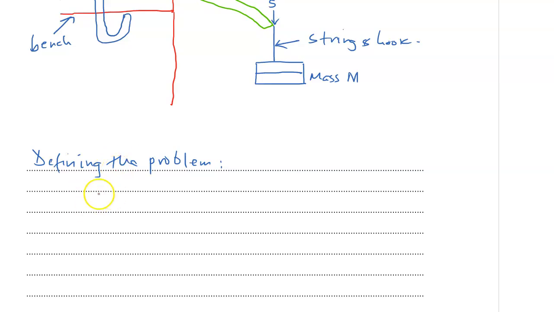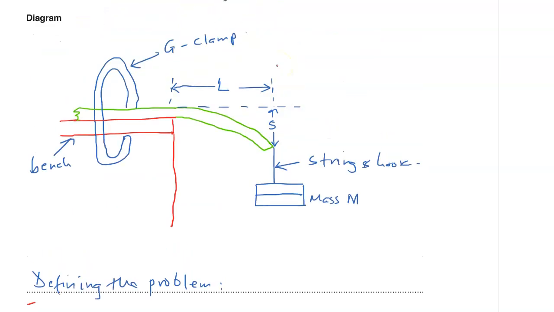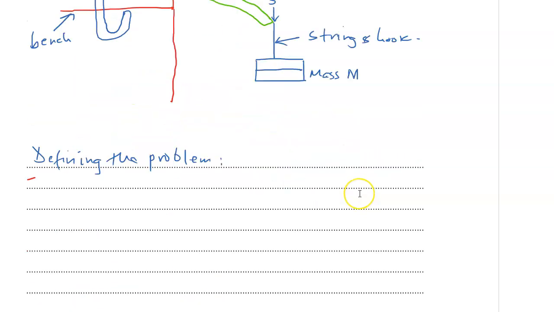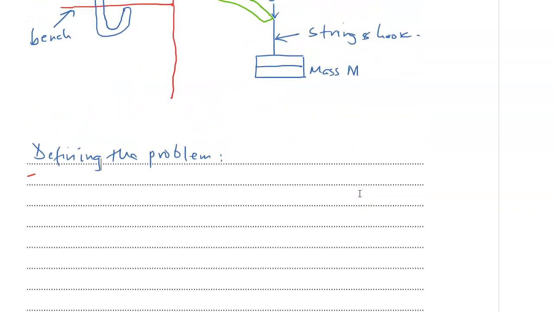So in our case here, L will determine how much the wooden strip bends. So L is the independent variable, while S is the dependent. S depends on L, right? Then of course mass is going to be, you'll keep mass constant, so that will be the controlled variable.